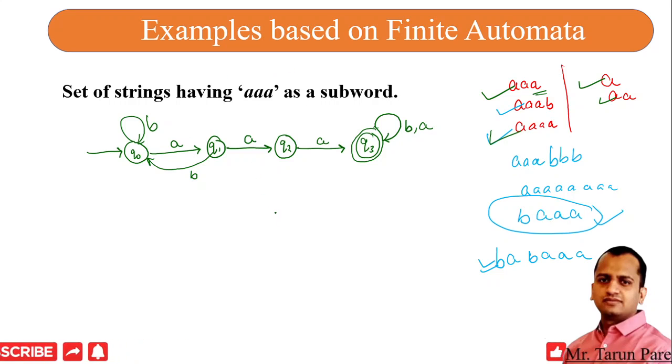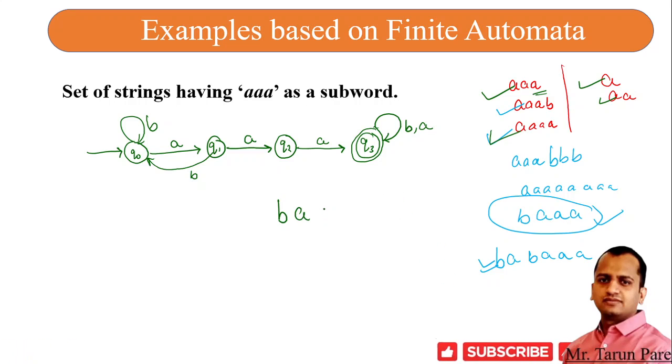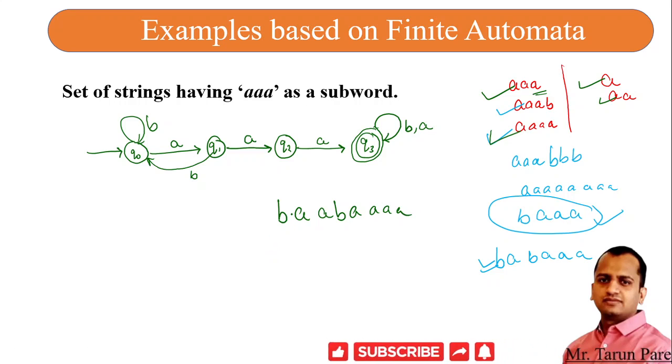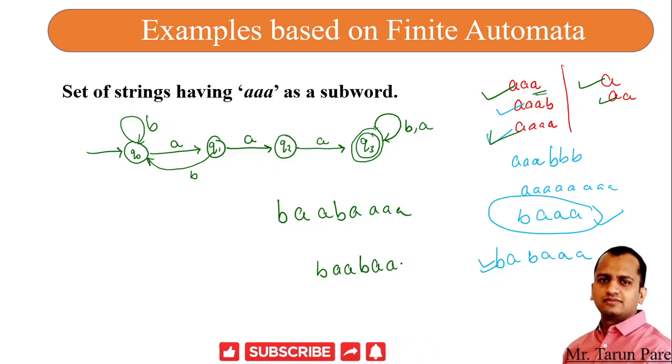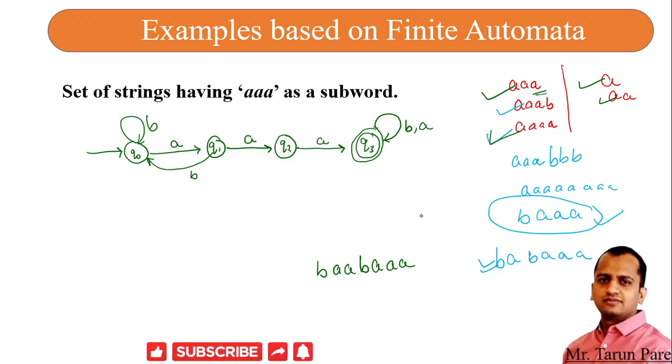Now what happens if the input is like BAABAA? Okay, I'll write it again, BABAA. How will you draw the transition for this?